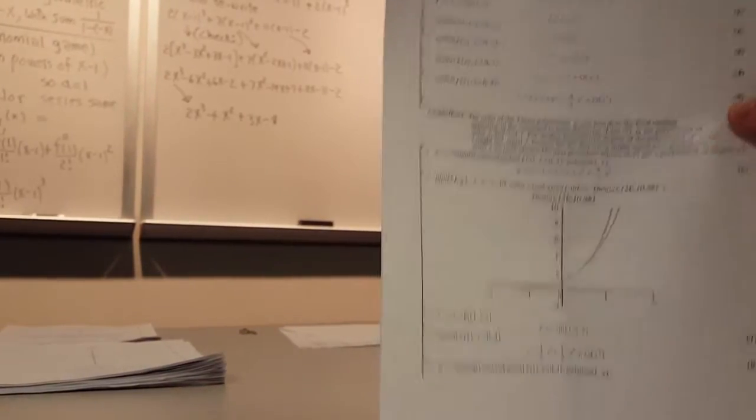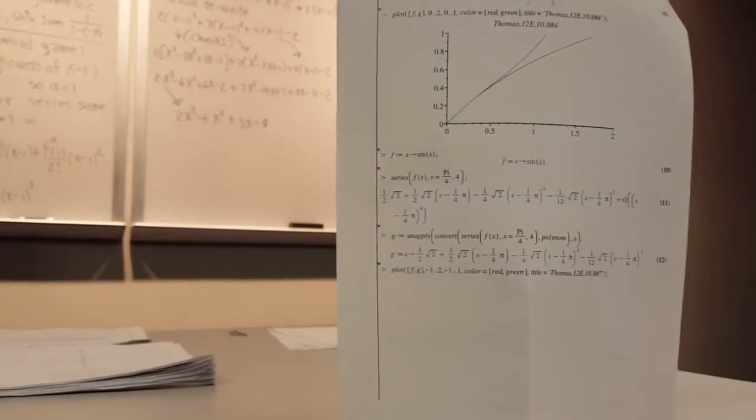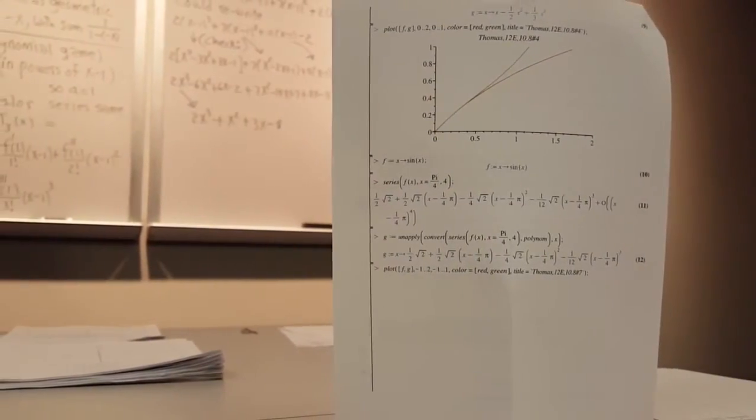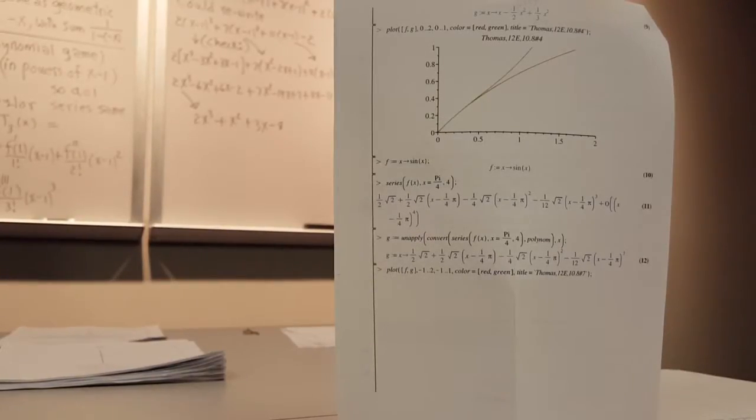And you can either do the command as I have been, the unapply convert series to polynomial, all that, or you could just simply say g colon equal x arrow and type the x minus a half x squared plus a third x cubed. That's all I'm accomplishing there.